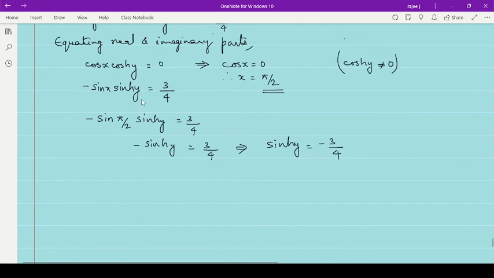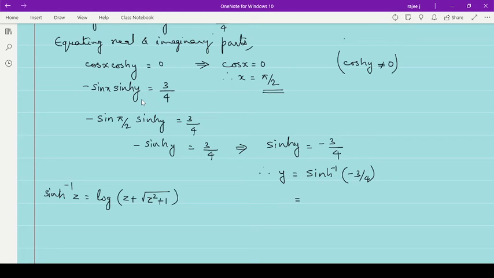We need the value of y. Therefore from here y is equal to sin h inverse of minus 3 by 4. I hope you remember the formula for sin h inverse z. We did it yesterday. Sin h inverse z is equal to log of z plus under root of z square plus 1.